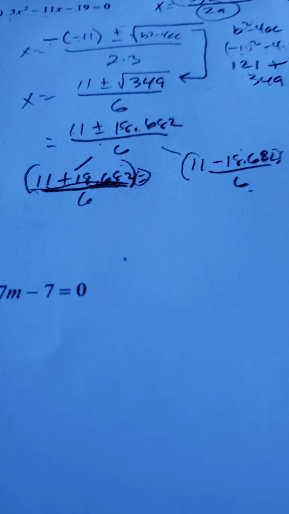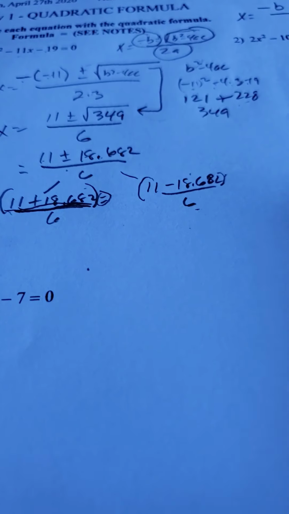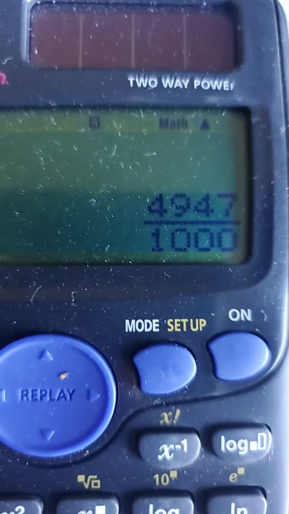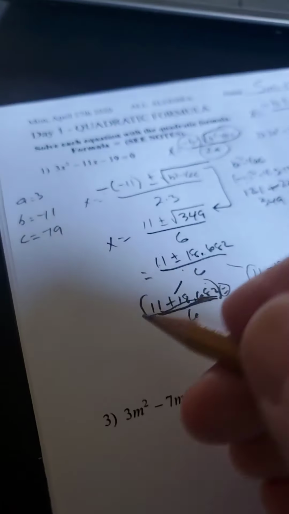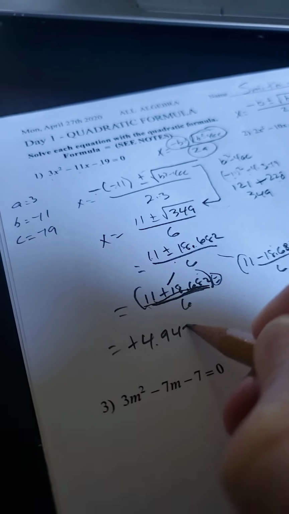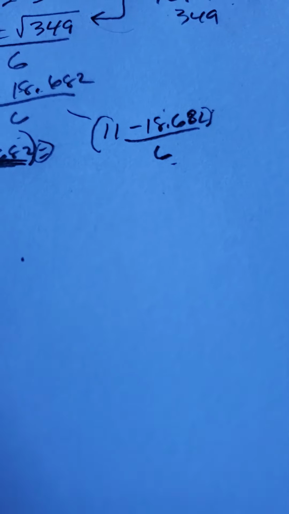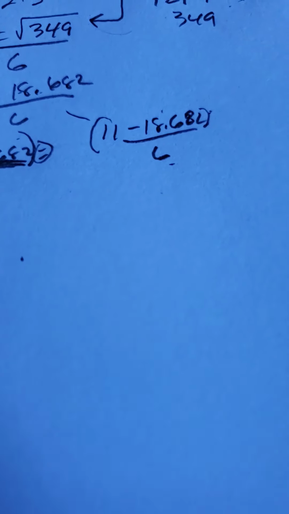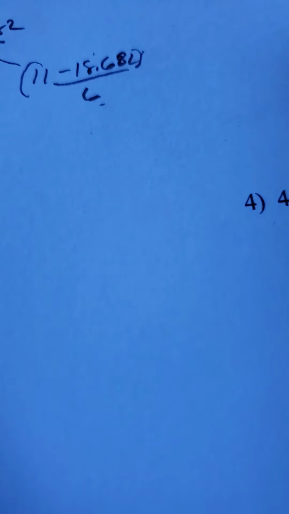Okay, so it's just going to be calculator work for me. 11 plus 18.682 equals, divided by 6. Remember to use your SD button. You get 4.947. That's one answer. And then my other answer is 11 minus 18.682 equals, always push equals, divided by 6.